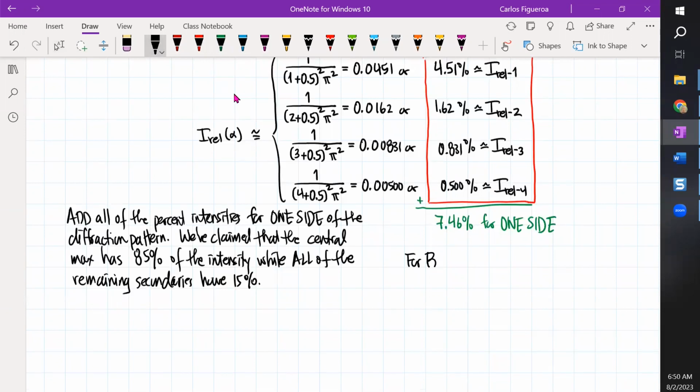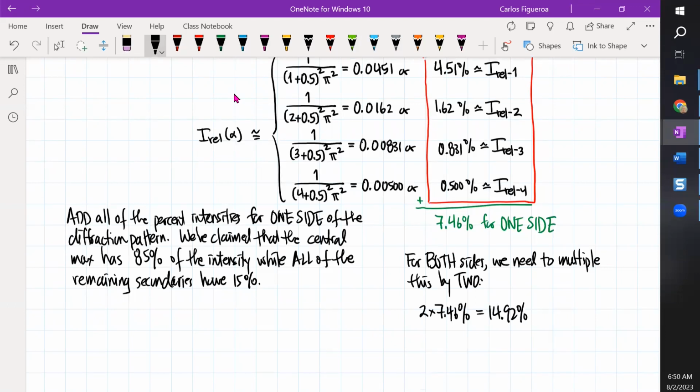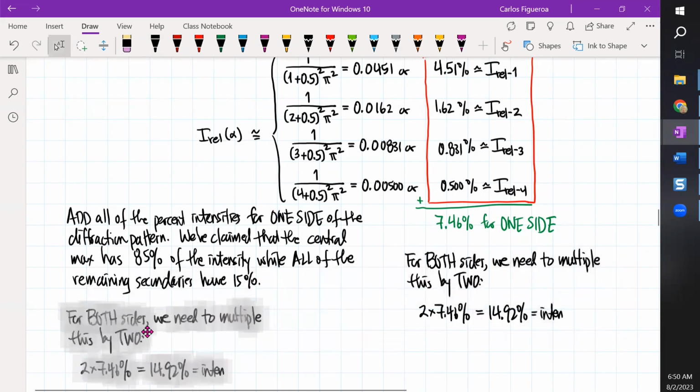For both sides, we need to multiply this by 2. So this is 2 times 7.46%, which tells you that this is 14.92%, which is the intensities. You know what? I think I'm going to move this because I'm running out of space. So I'm going to move it right here.